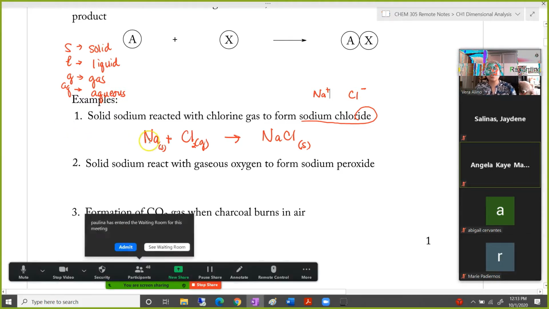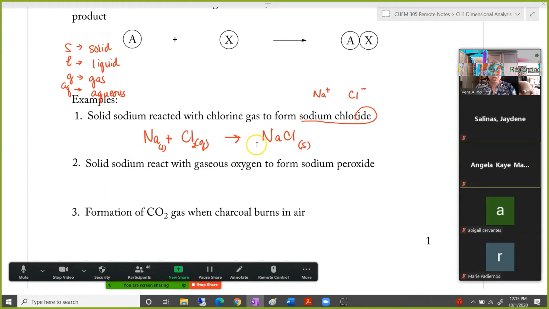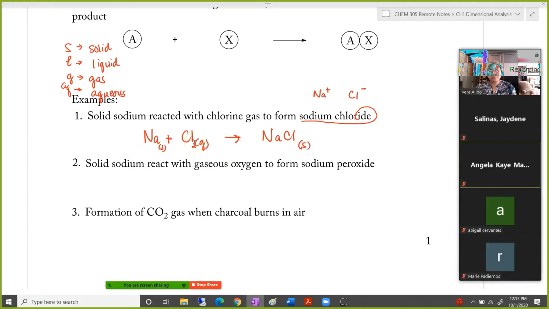So if you look at sodium, it has the same number. It's still one sodium atom. But if you look at chlorine versus the chloride in the salt, the number decreases, which tells me that in order to balance it out, I need to adjust the coefficient, 2.